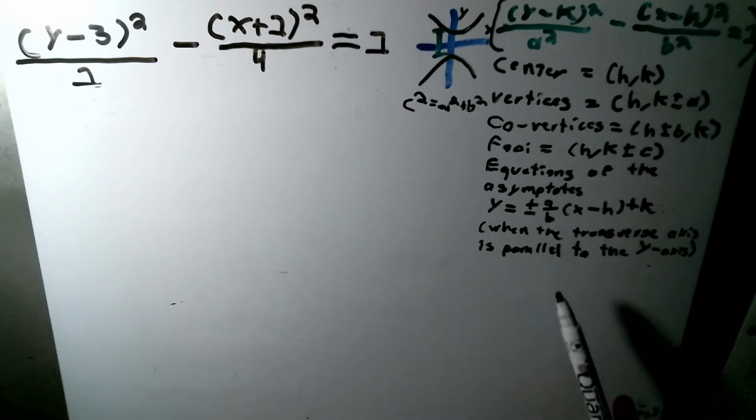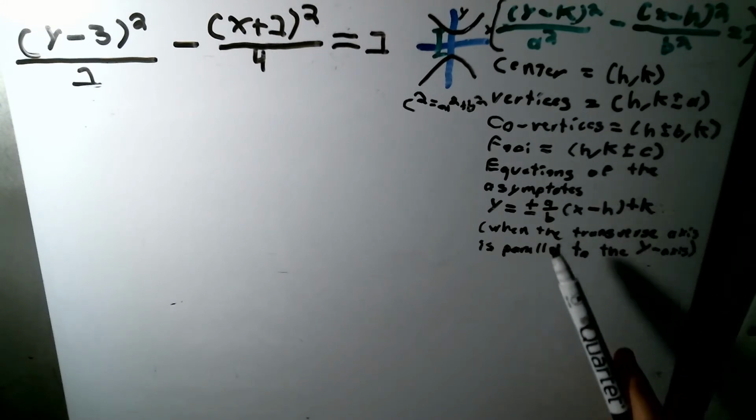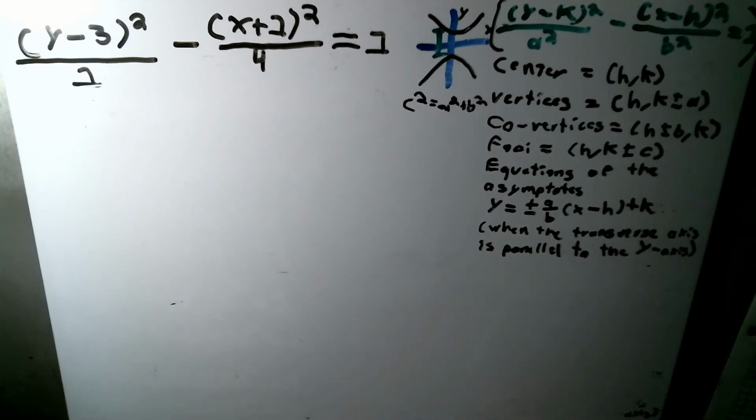This is not the only thing that we can find in this type of formula. We can also search for the length of the transverse axis, the length of the conjugate axis, the distance between the foci, and other stuff that is not really that important right now.